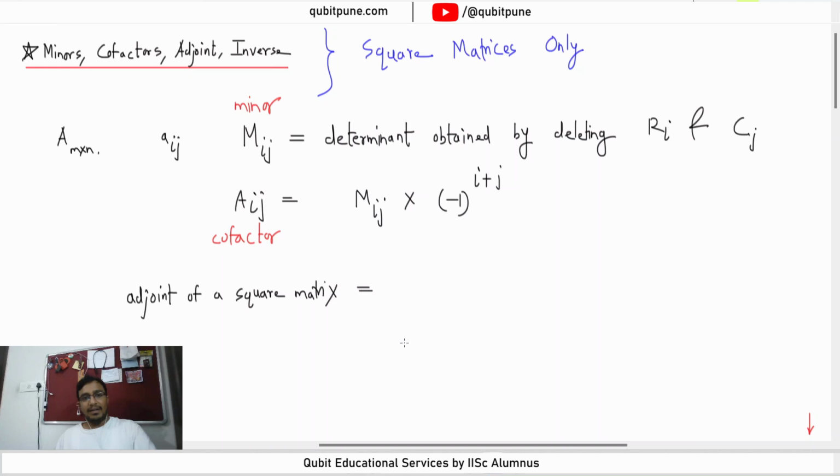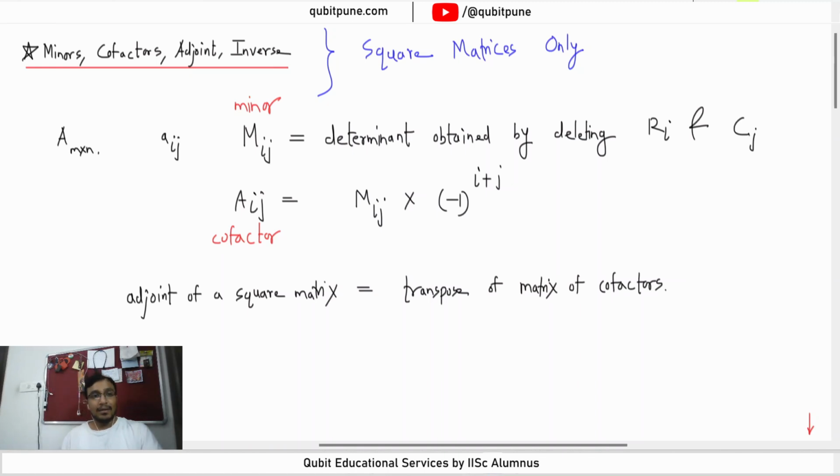Adjoint of a square matrix is defined as the transpose of the matrix of cofactors. Has everybody recalled what you had studied in 12th standard mathematics? Adjoint of a square matrix is the transpose of the matrix of cofactors?